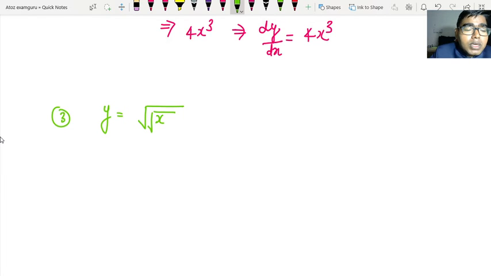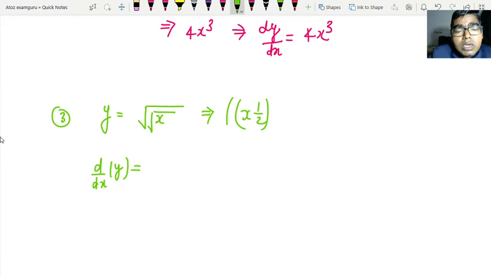How will we calculate it? First of all, try to solve it. This is x to the power 1 by 2 and its whole power 1 by 2. Simply the powers will multiply, giving x to the power 1 by 4.